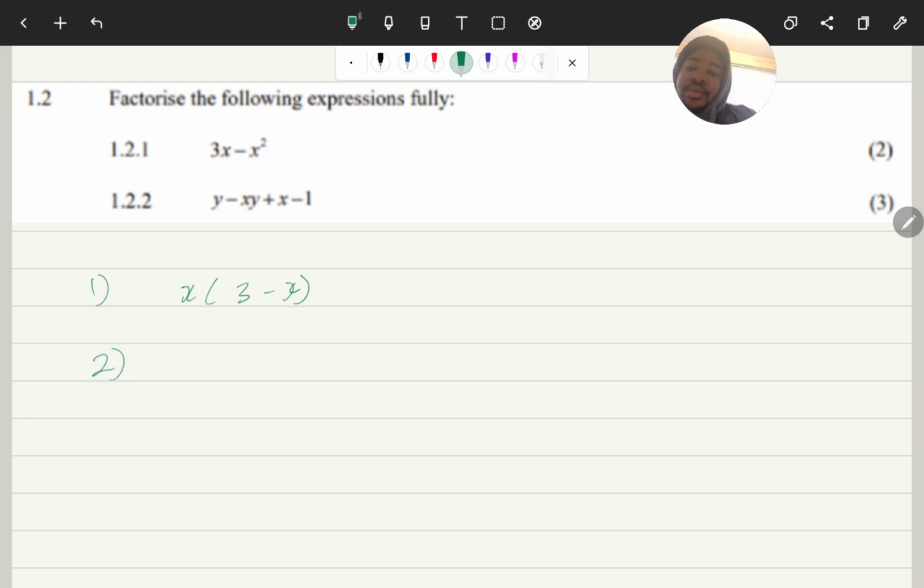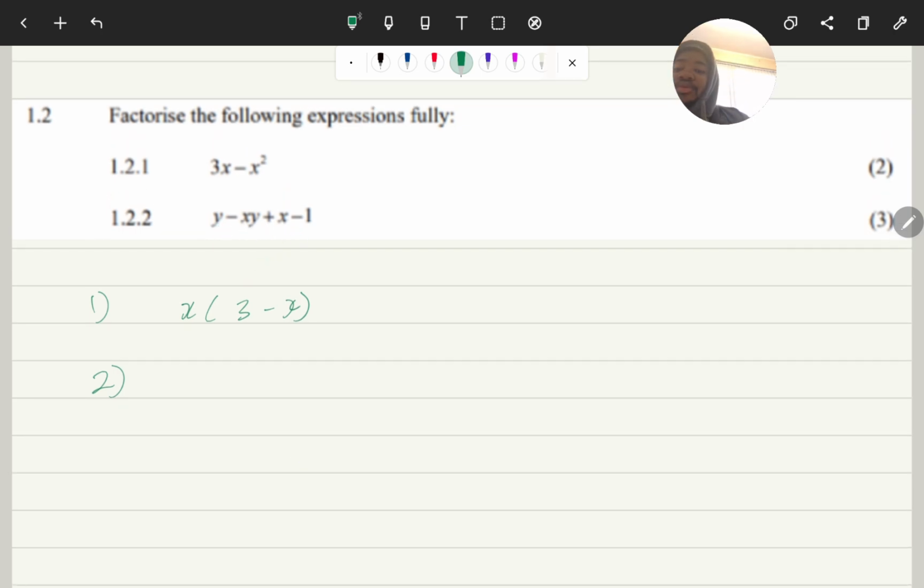Number 2 is a grouping. You have y, you have x. You can decide to go with that group, or you could do it otherwise, but let's go with that grouping. So it's going to be y minus xy as your first group, plus x minus 1. And therefore you're going to have y as a common factor, so you have 1 minus x, into x minus 1.